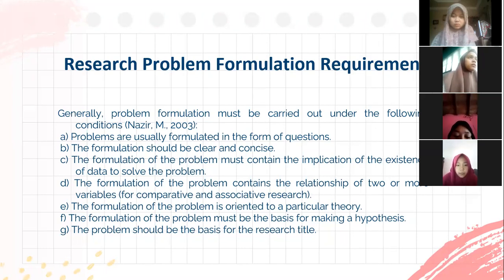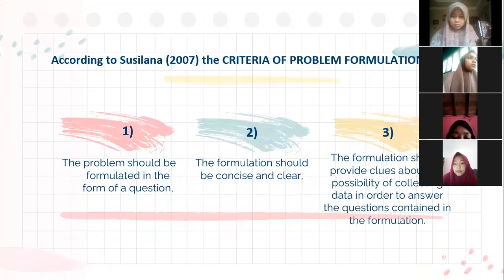Next, the formulation of the problem is oriented to a particular theory. Next, the formulation of the problem must be the basis for making a hypothesis. And last, the problem should be the basis for the research title.